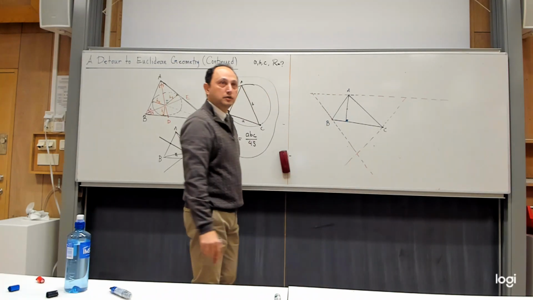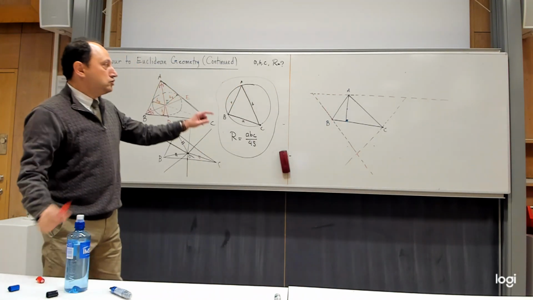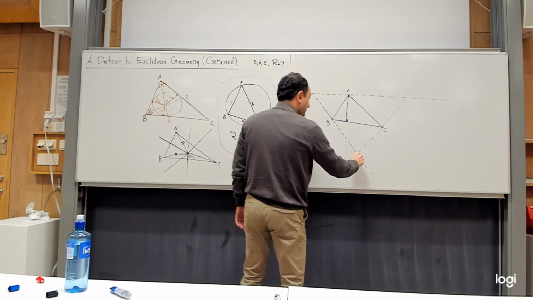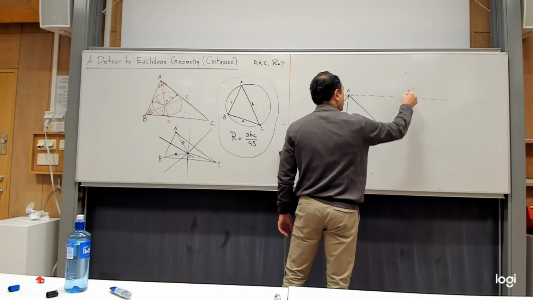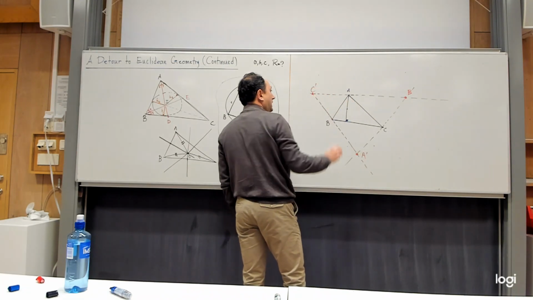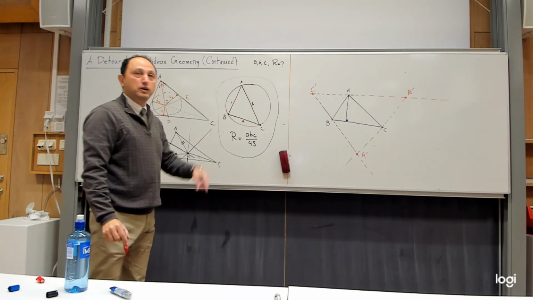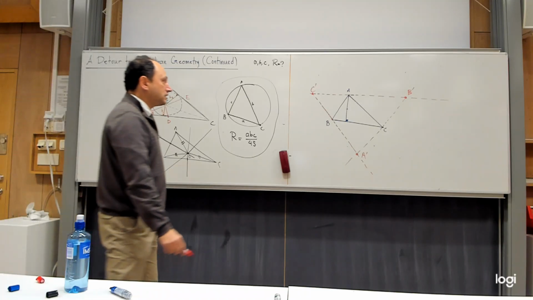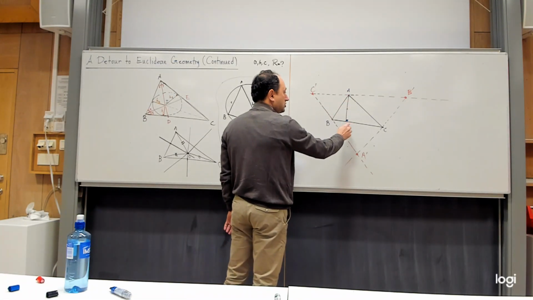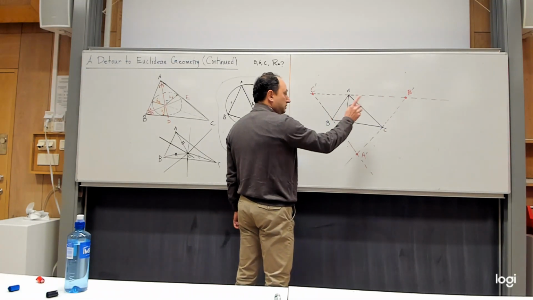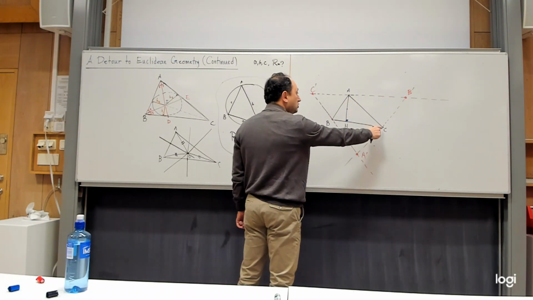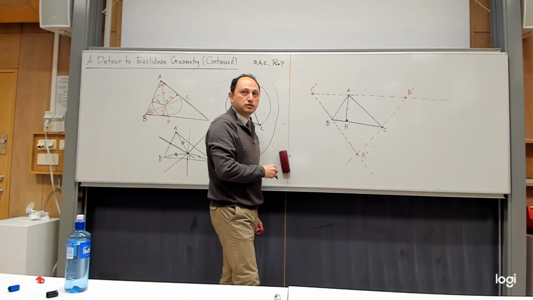Is that understandable? Let me call this one, for example, A prime. Let me call this one B prime. Let me call this one C prime. So I have two triangles, the red one and the blue one. If I ask you, what is AH, let me call it AH, what is AH? You tell me, with respect to the blue triangle, it is a height.